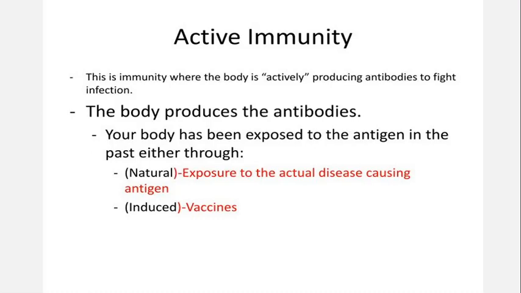We have two types of active immunity: natural or induced. When we get a disease, our body is exposed to antigens. The antigens are the surface of the pathogens, for example of bacterial cells.